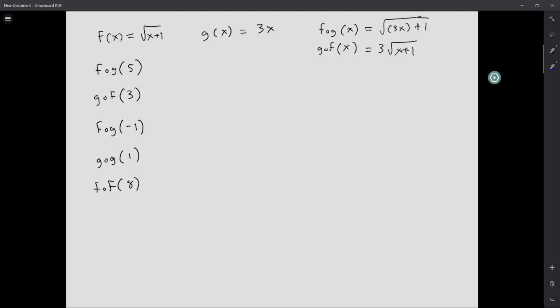And I could just plug in whatever number I need into these new functions. So I could, if I wanted f of g of 5, look at my f of g of x function over here and just plug in 5, and I'll get the square root of 15 plus 1, which is 16, and the square root of 16 is 4. So I should get 4.